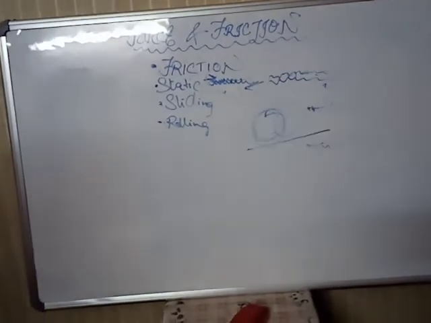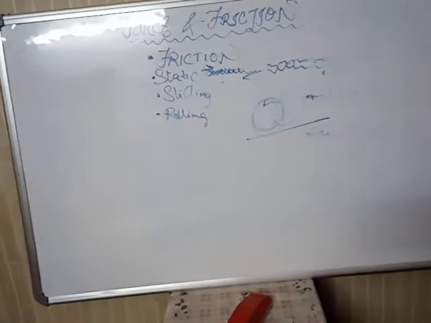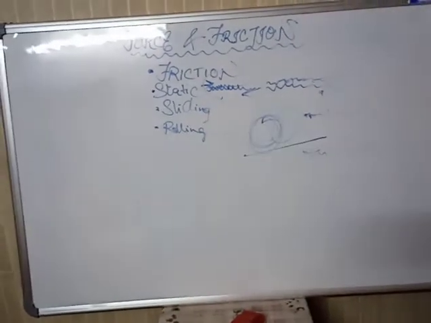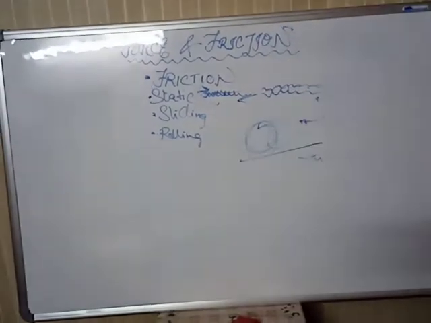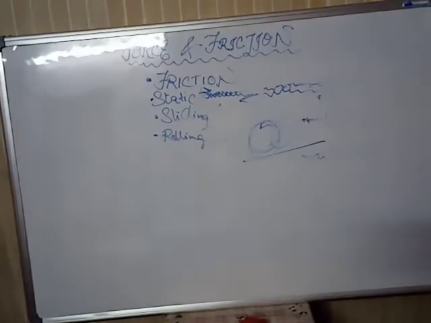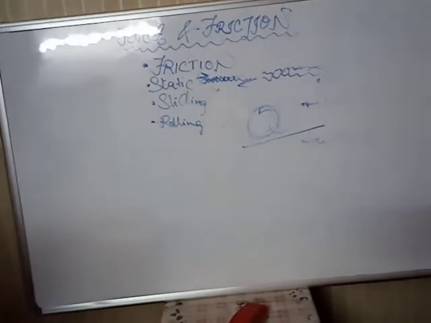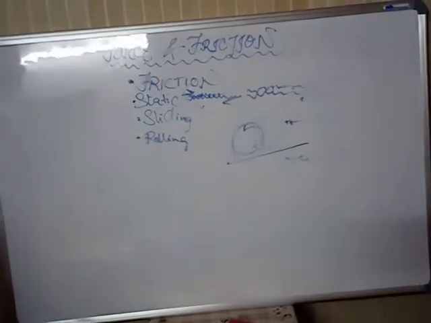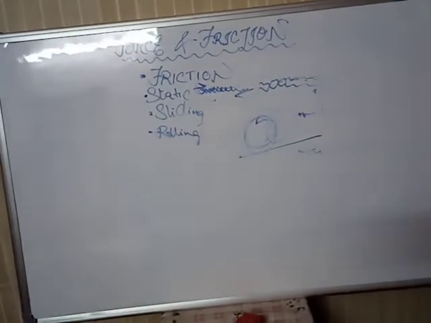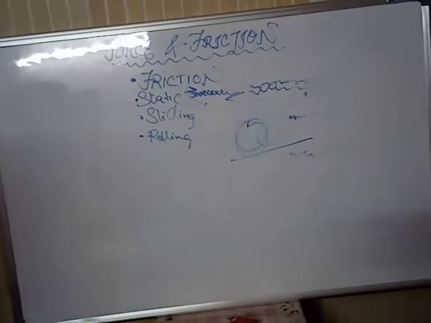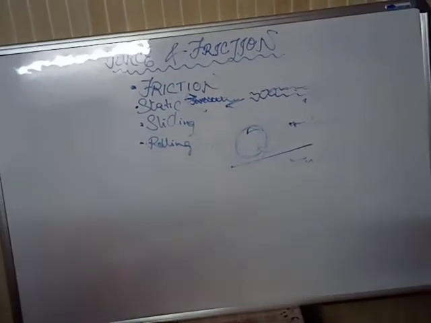The methods of increasing friction. Now there is a need in some areas to increase friction, like in the machineries in a factory, in the engine of the car, to perform more efficiently. Now there are some methods by which we can increase the friction.